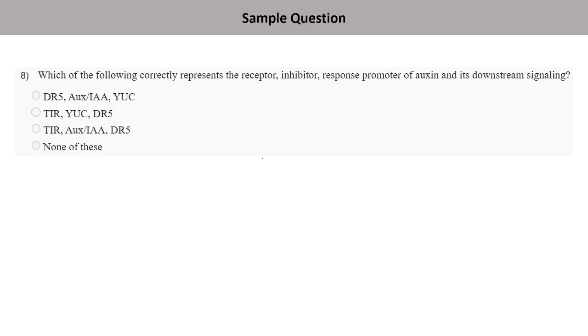Now coming back to our question, which of the following correctly represents the receptor? So the receptor here of auxin was TIR1. So basically the answer for the receptor is TIR. Now the inhibitor.